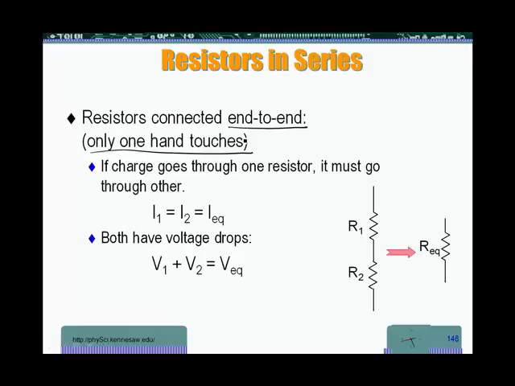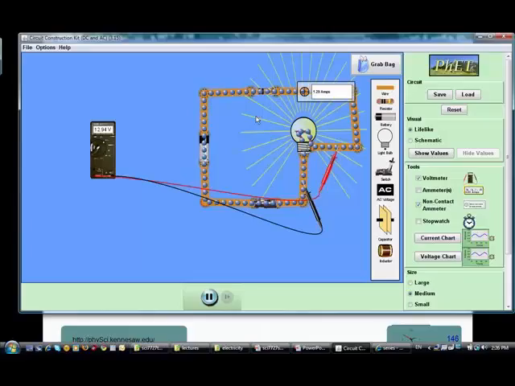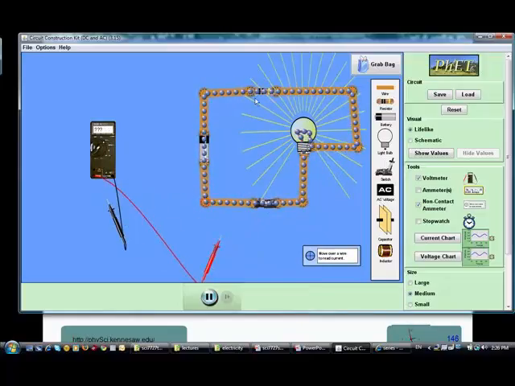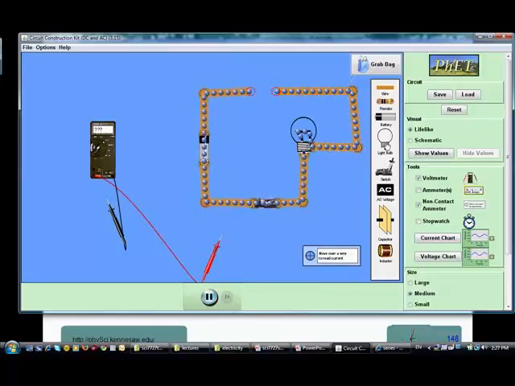Okay, let's look at it in a circuit and go back to this. This is our circuit with just one light bulb. What we are going to do is add another light bulb. I'm going to remove this resistor and place a light bulb instead.